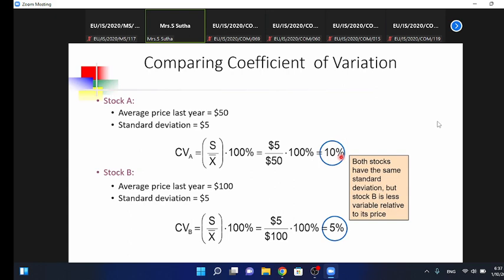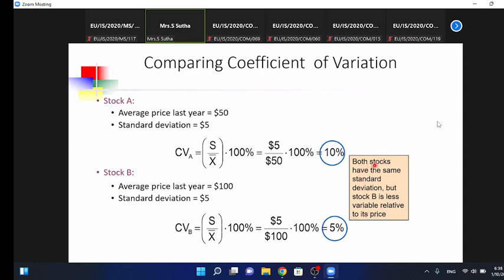That is 10 percent variation among the prices for stock A. For stock B, similarly, 5 over 100 times 100, that is 5% variation among the prices. So when we compare which stock has more variation, stock A has more variation and stock B has less variation relative to its prices.